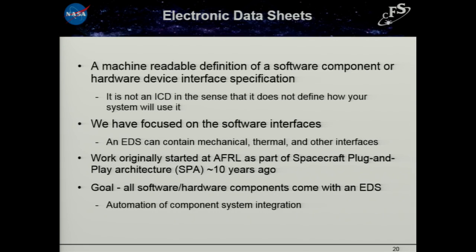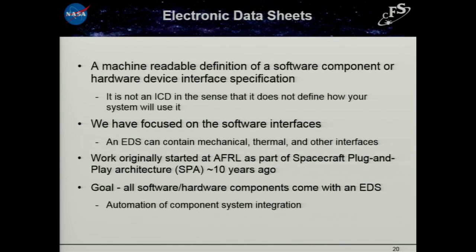They're different from an ICD because this defines what the device or software can do, not how you're going to use it or what parameters you're using. A lot of devices have many more things than actually get used for your mission, or even a software component may have some debug packets or something like that. They're all captured in the EDS, but not necessarily how you're going to use them or what the limits are for your system. Those things which are in the EDS may get changed for a mission.